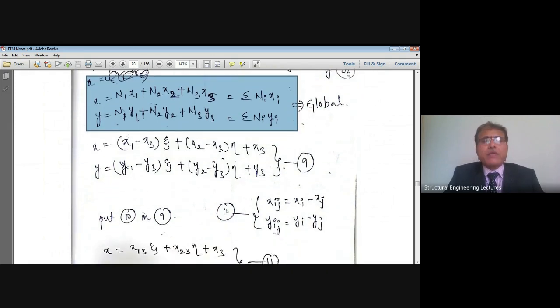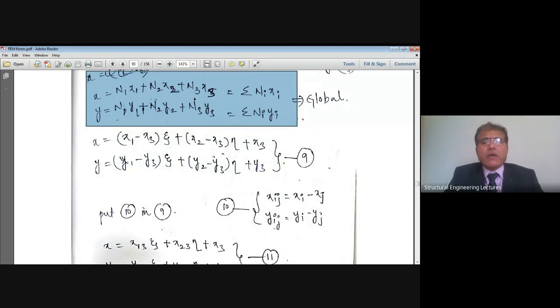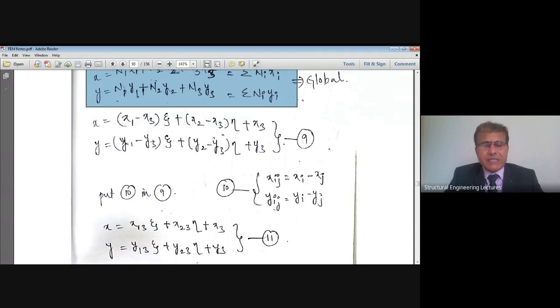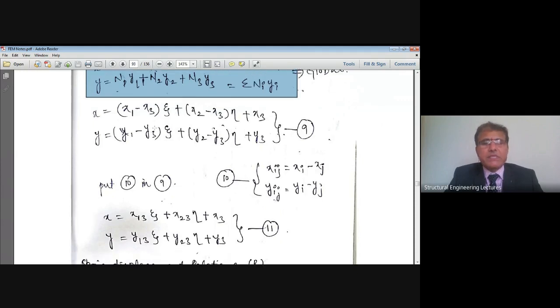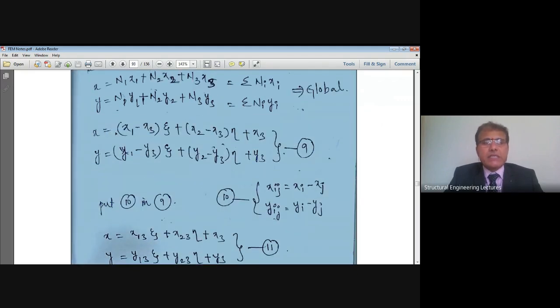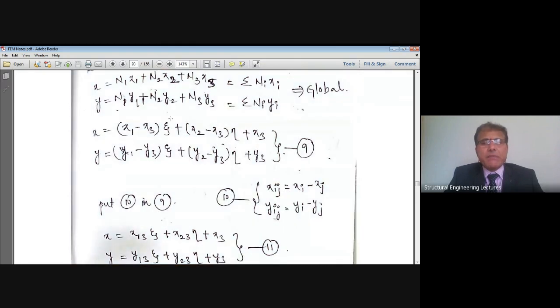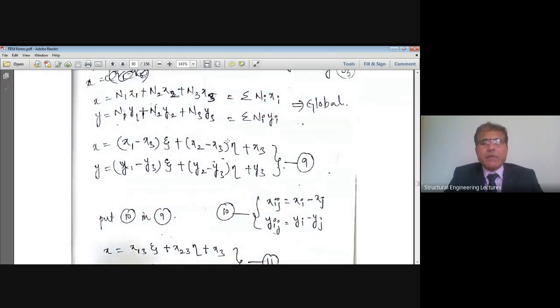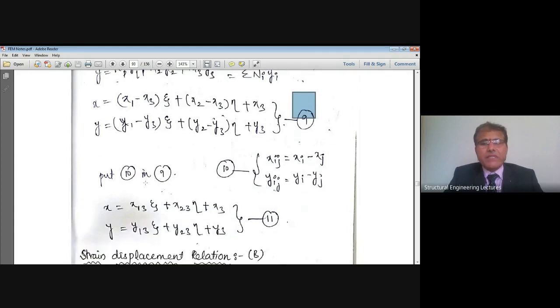Then substituting n1, n2, n3 in terms of xi, eta, and 1 minus xi minus eta, as you have seen for the displacements, now I can write that x will become (x1 minus x3) multiplied by xi, (x2 minus x3) multiplied by eta, plus x3, and (y1 minus y3) multiplied by xi, (y2 minus y3) multiplied by eta, plus y3. Let it be the ninth equation.